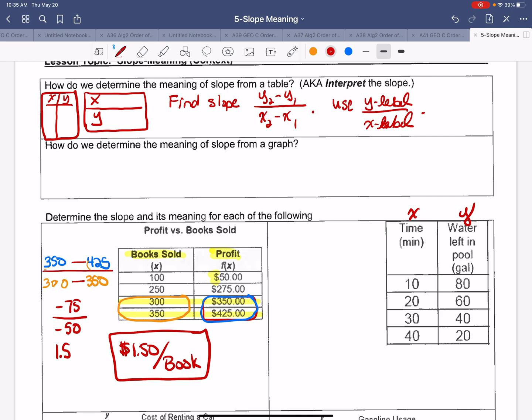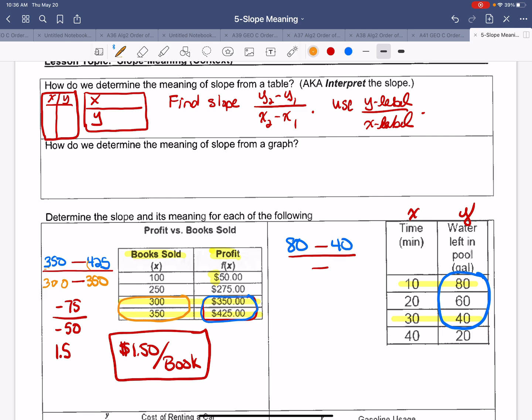So we pick any two ordered pairs to work with. I'm going to choose (10, 80), and how about (30, 40)? So I'm going to pick those two. I want to start with a fraction bar and two subtraction symbols. My Y values are 80 and 40, so I'm going to do 80 minus 40.